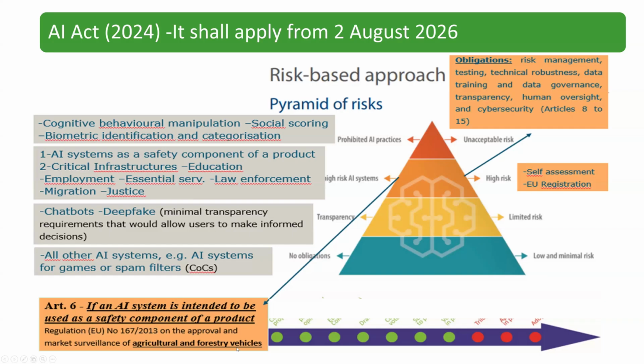These high risks apply if you use AI as a safety component of a product, for critical infrastructures, or for education, employment, law enforcement, migration, or justice-related purposes. Then these stricter conditions apply.